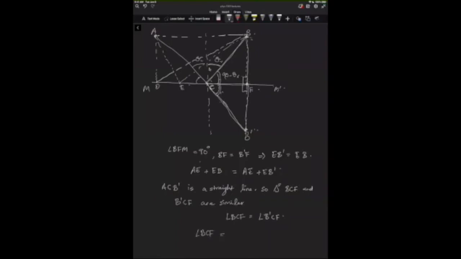BCF equals angle ACM, which implies 90 minus theta I.